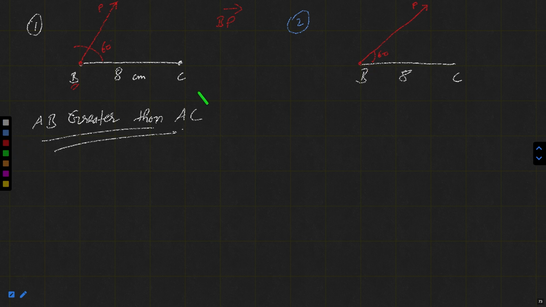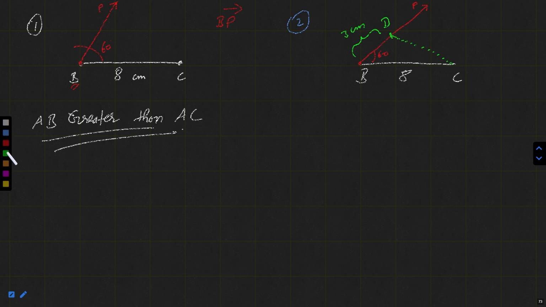Now using a ruler, cut out a line segment of 3 centimeters from the ray BP. Let's suppose here we get our 3 centimeters using the ruler and mark it with point D, and now join D and C. I hope this is clear.